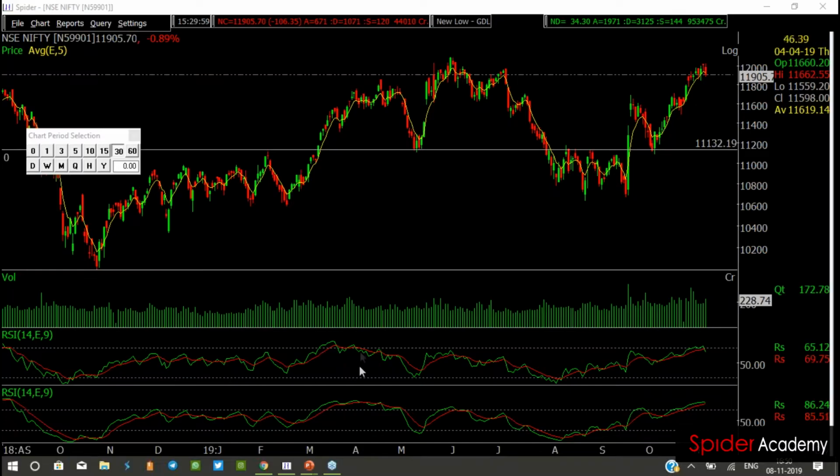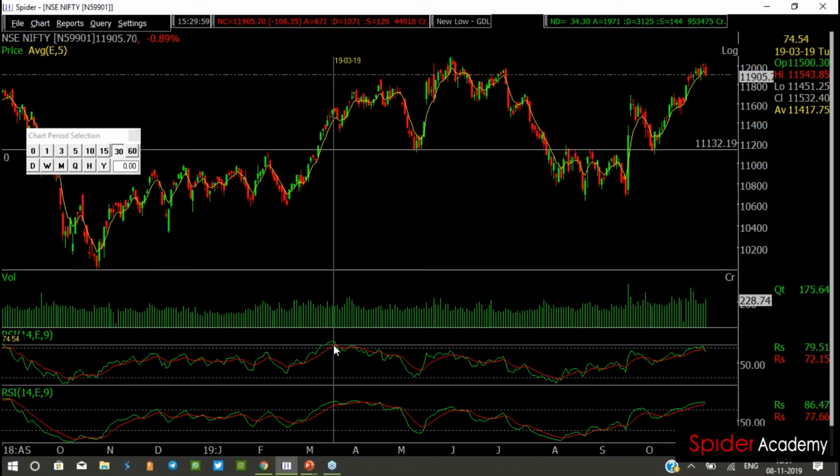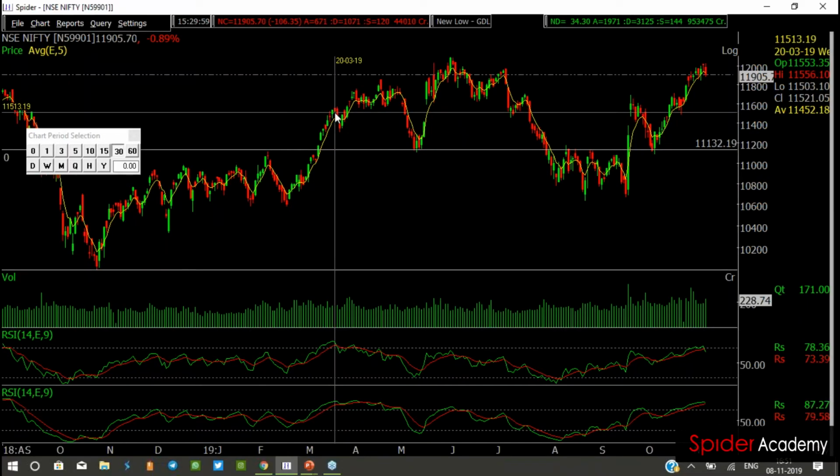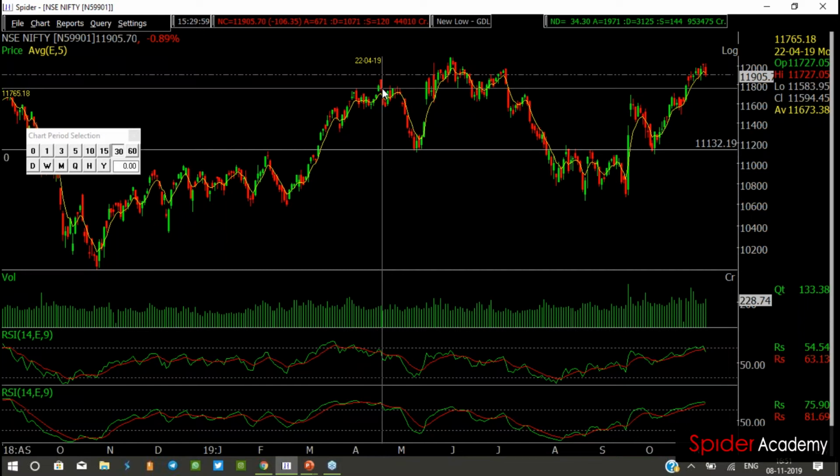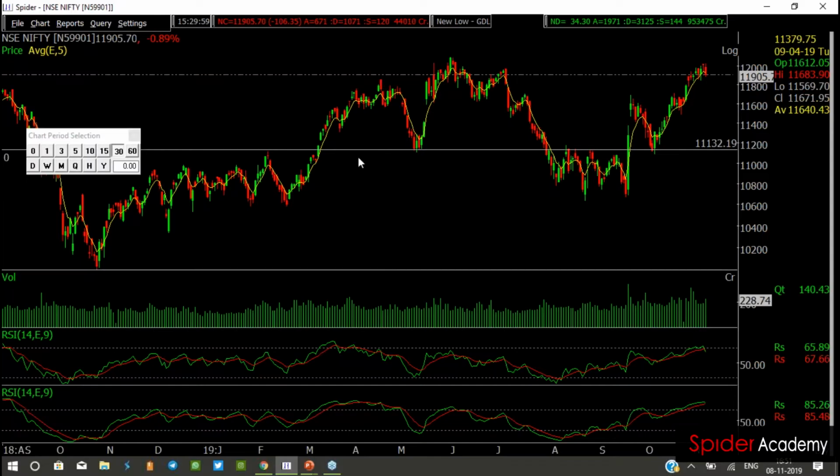So over here, the RSI entered the overbought zone at the 11,500 level. But after that, we saw it still moving upwards to 11,800 levels. So that 300 points, if you had blindly sold after it entered 70, the 300 point upward movement would have wiped out your account.